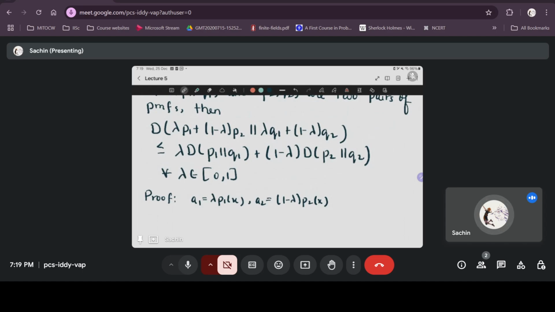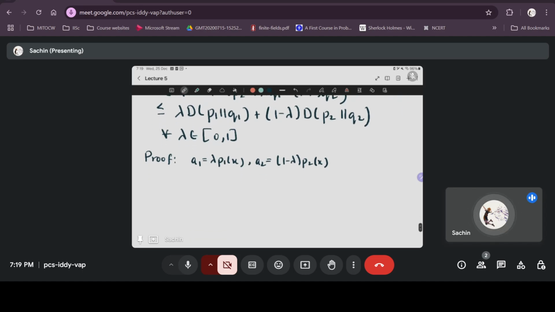So it makes sense to take the relative entropy between lambda P1 plus 1 minus lambda P2 and lambda Q1 plus 1 minus lambda Q2. Given that, by taking A1 as lambda P1 of x, A2 as 1 minus lambda P2 of x, B1 is lambda Q1 of x, B2 is 1 minus lambda Q2 of x.